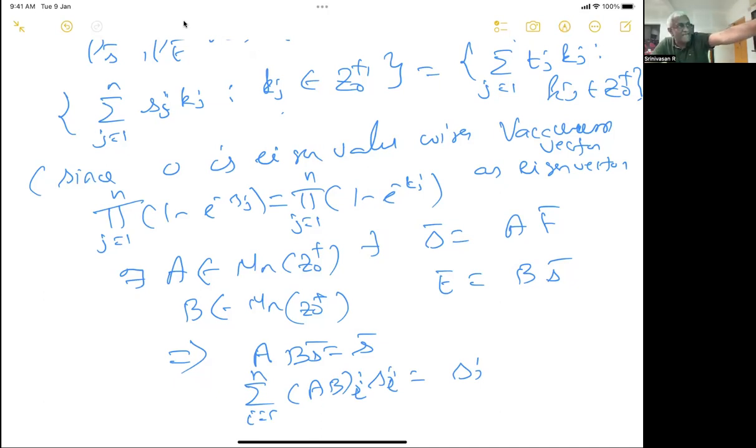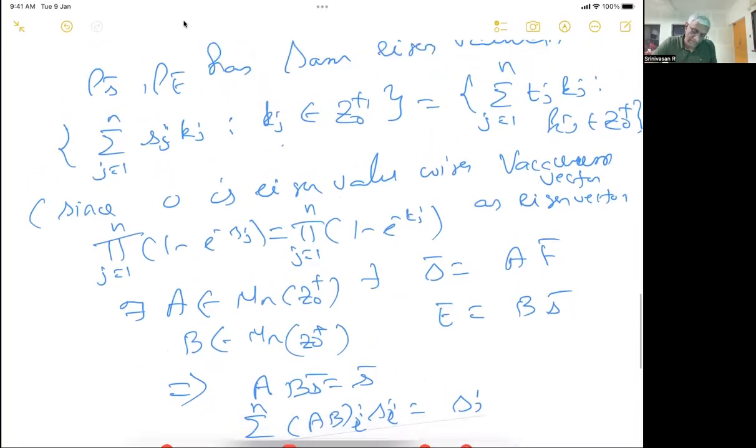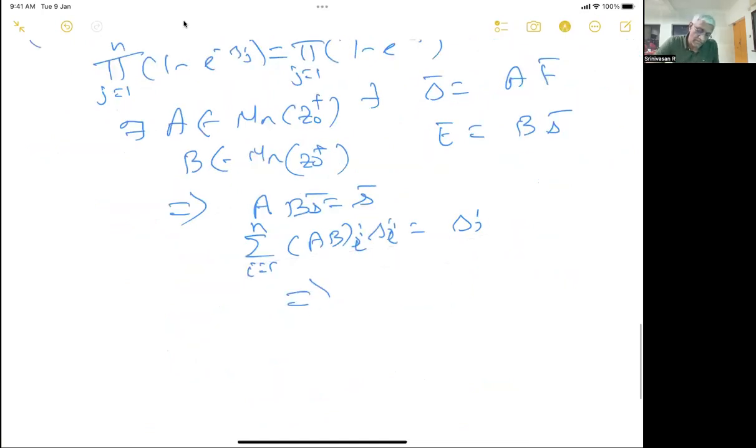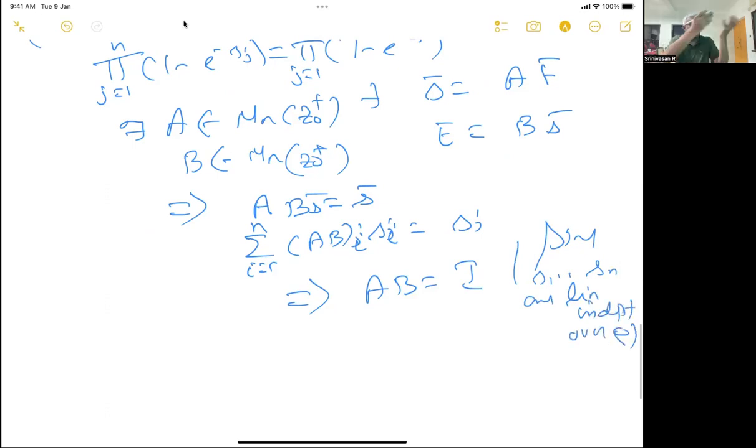So only when i is not equal to j, it's all 0. So this just means AB is the identity matrix, since S1 up to Sn are linearly independent over Q. We are using Z, but over Q you cannot write one Sj in terms of other things.